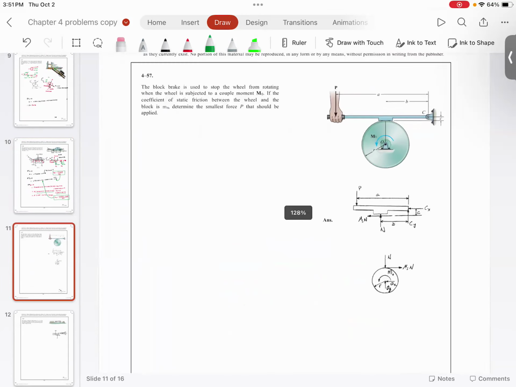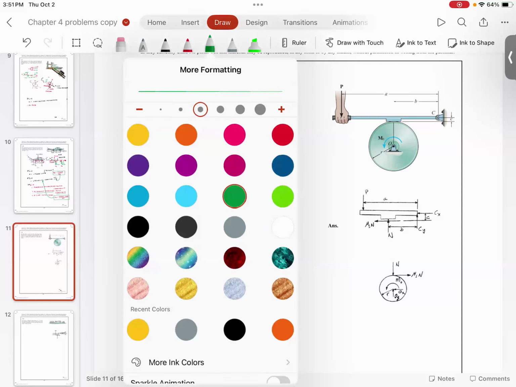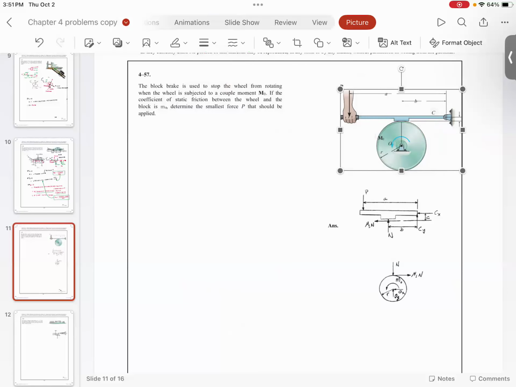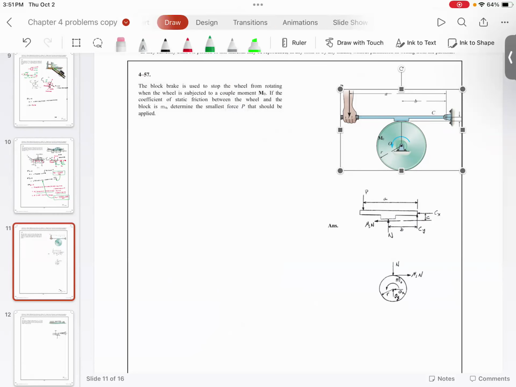So this is the drum brake problem. I don't know if you notice, what you have is this drum and on top of it there is this brake shoe.